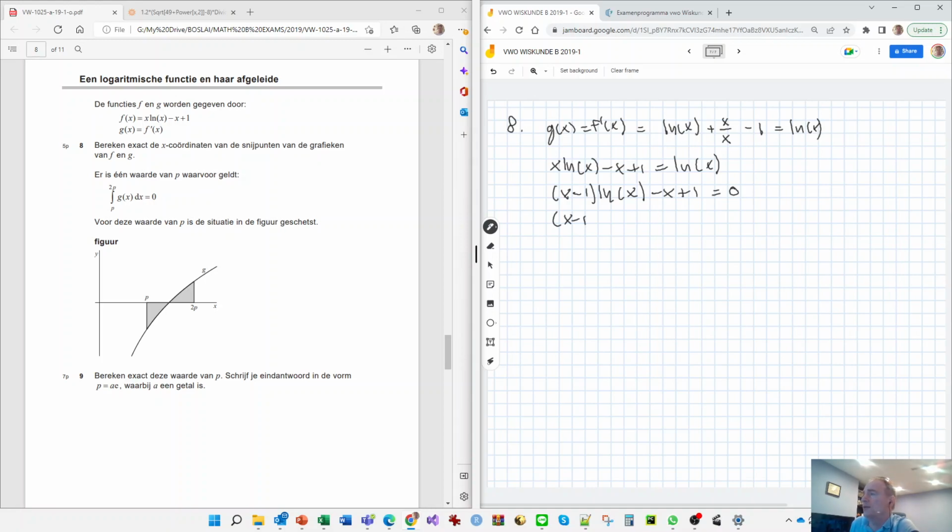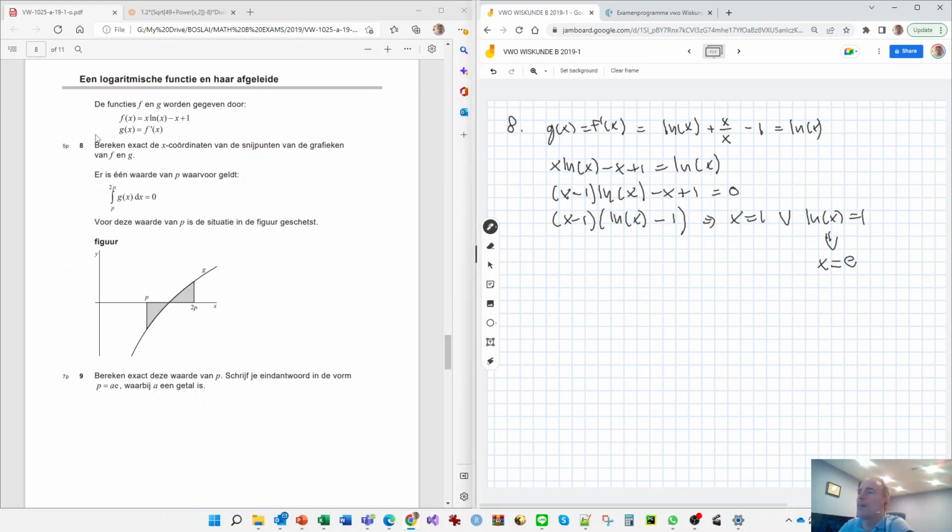This is x minus 1 times log x, and this is minus x minus 1. So you get this, so that means x is equal to 1, or log x is equal to 1, which means x is e to the power 1. So x is e. Yep, that answers it.